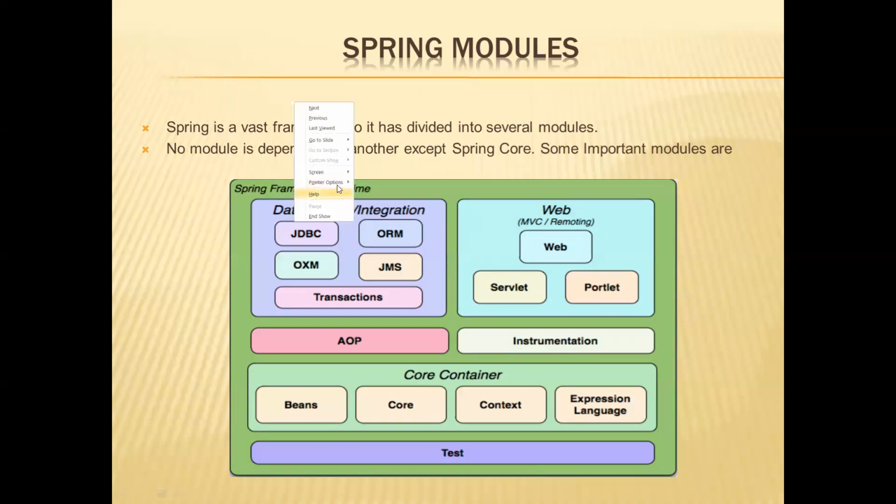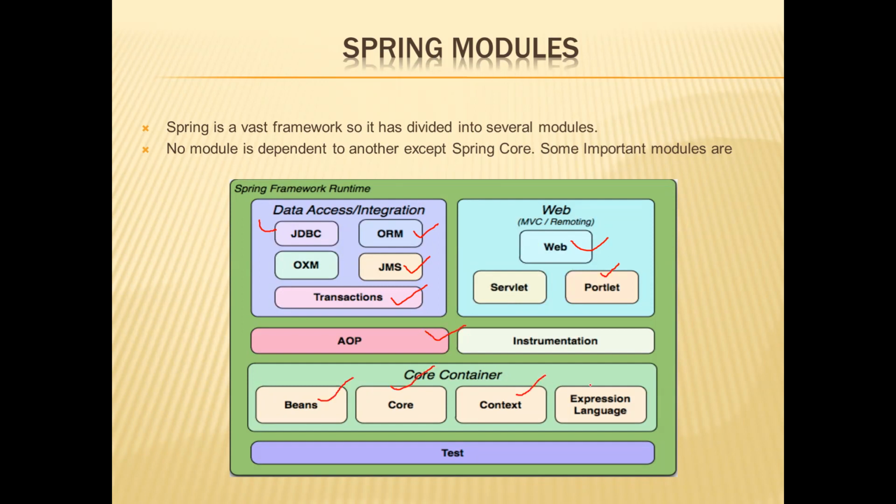As I just told, if you want to work with Spring, here you see the JDBC module, ORM module, JMS module, transaction module, web, portlet, AOP, core container, Spring Bean, Spring Core, Spring Context, expression language, test. We have so many modules.